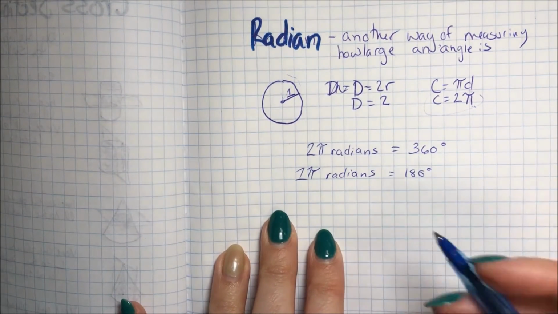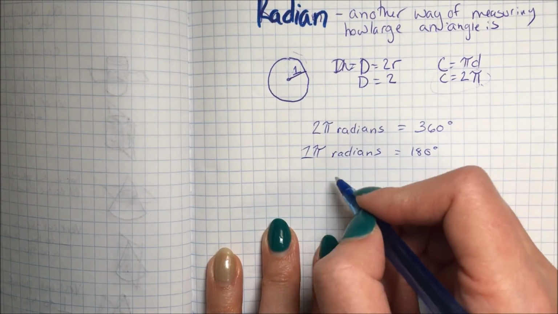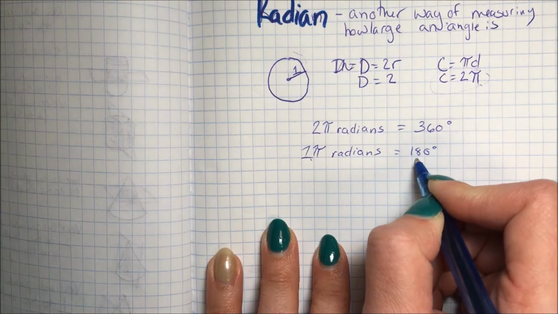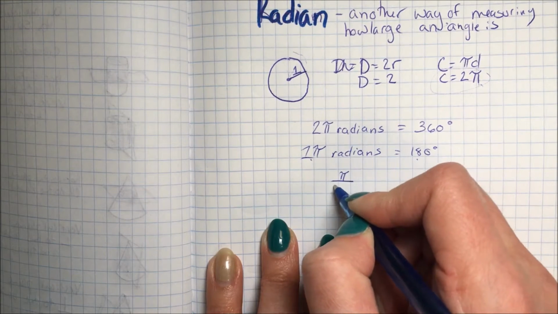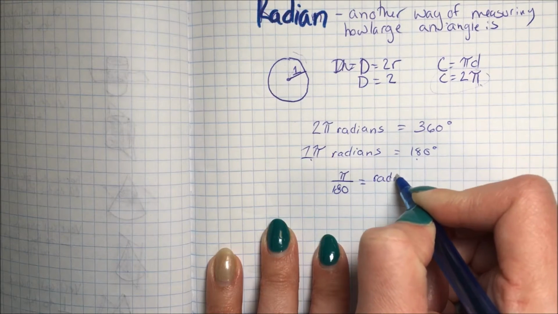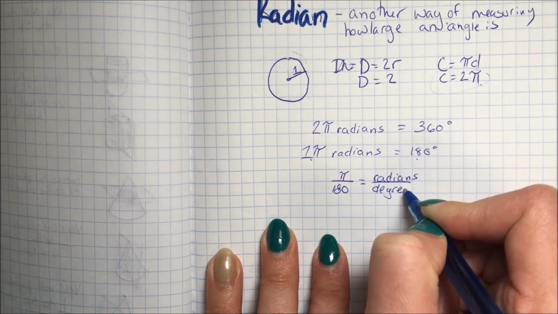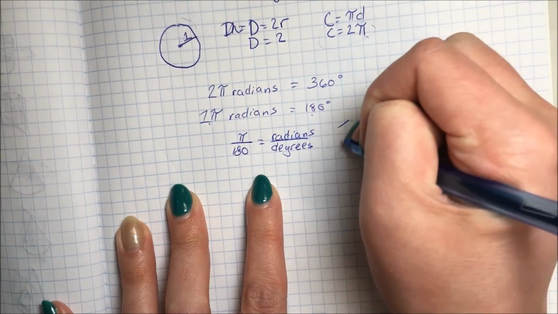So there is a simple formula for this, and it comes from using the proportion that 1 pi is the same as 180 degrees. So pi over 180 equals radians over degrees.